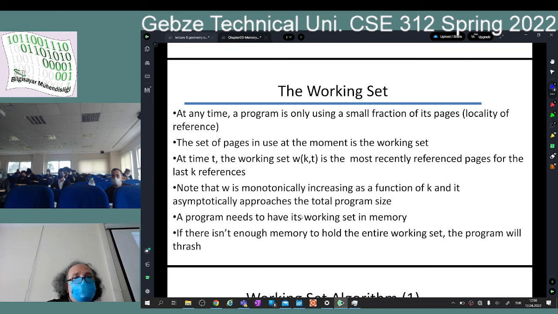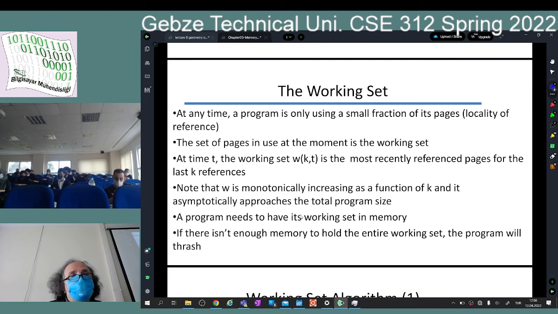K is 100 in this case. I am expecting this to be a number, but that number is not as large as the whole process size. Of course, if you make this K very, very large, like 1 million, for the last 1 million, 1 billion references, how many pages did I use?